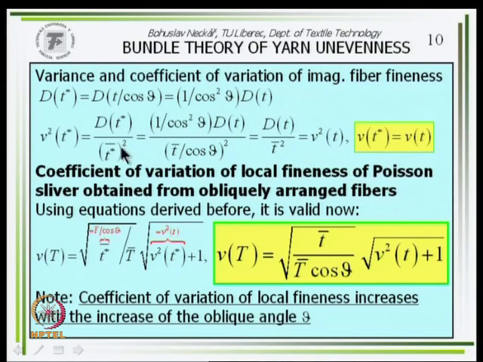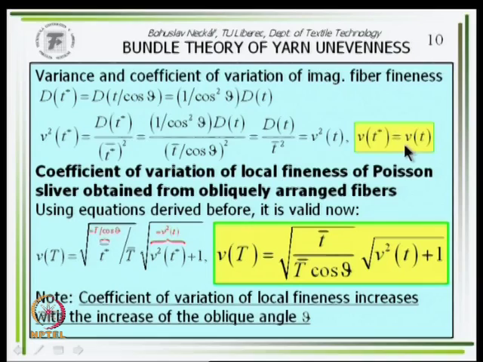We derive using equations which we derived in the last slide, and we obtain finally, because of cosinus square by cosinus square, that V square T is the same as V square T star. The coefficient of variation is not changed after our hypothetic cutting and rearranging of our fibers.